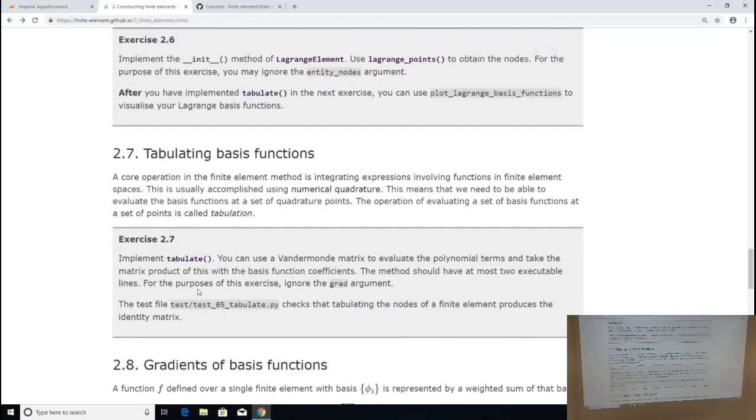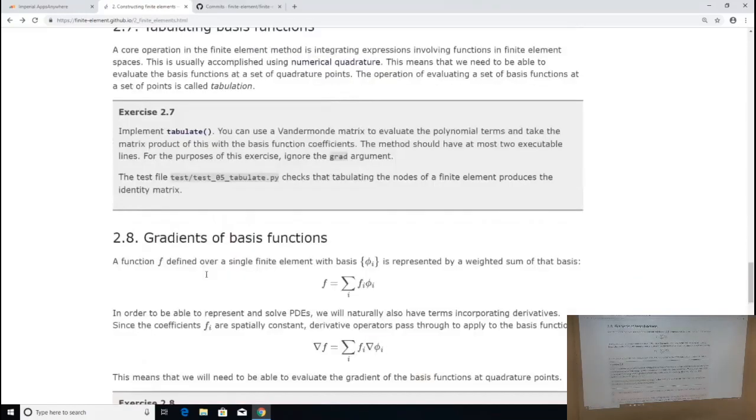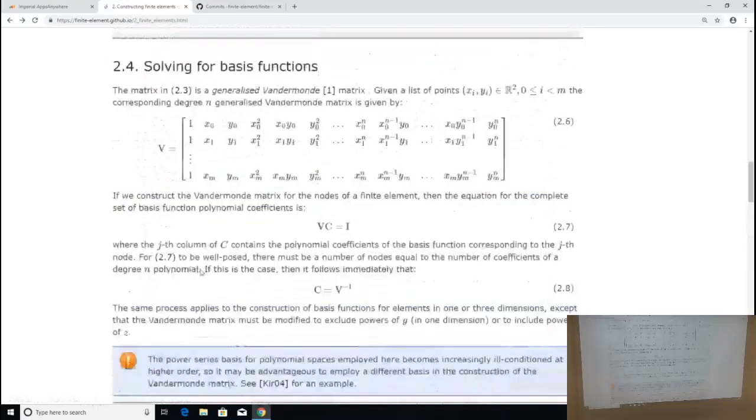Actually, tabulation is very, very closely related to the operation that we discussed yesterday of constructing the basis functions. Because if you remember this definition of the basis, what is this?